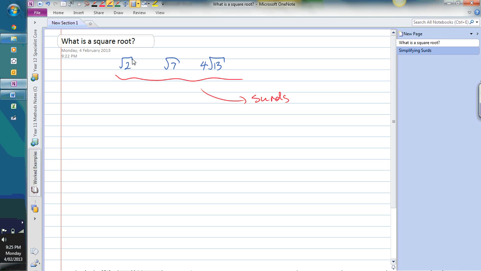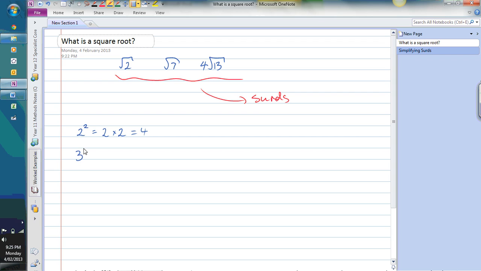And to remember what a square root means, we're going to first of all talk about what squaring means. If I take a number and square it, for example 2 squared, that's just mathematical shorthand, that little 2 up there, for multiply 2 of these things by each other. So 2 squared is the same as having 2 times 2, or 4.